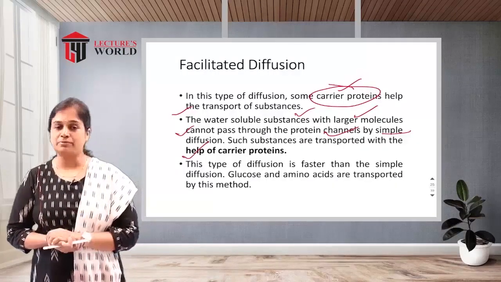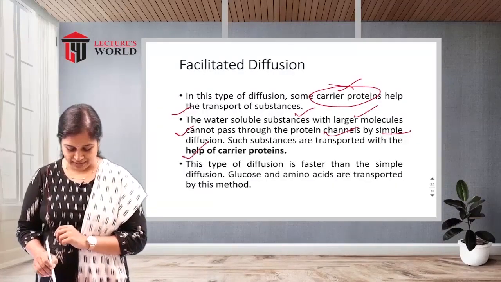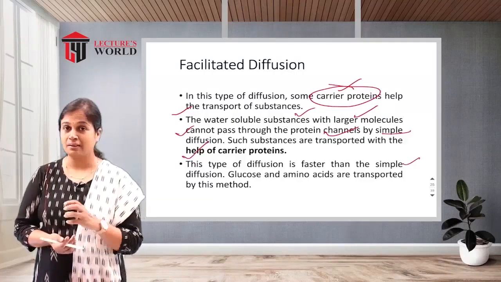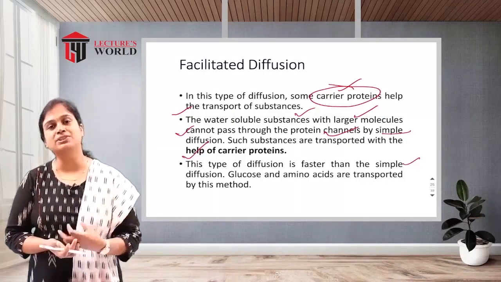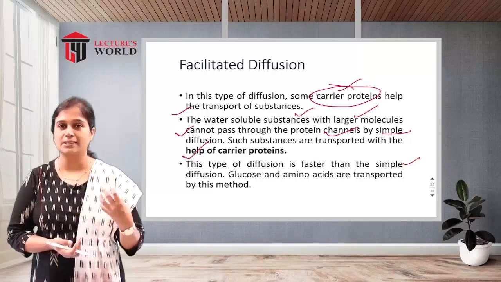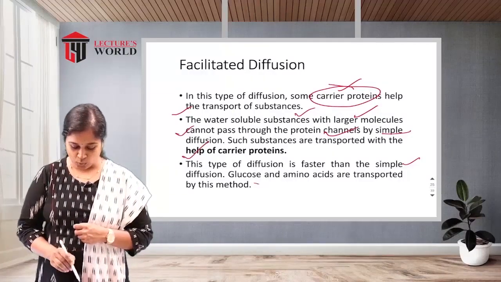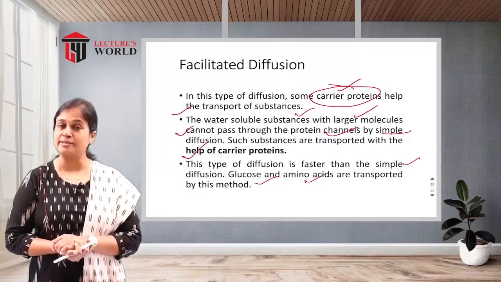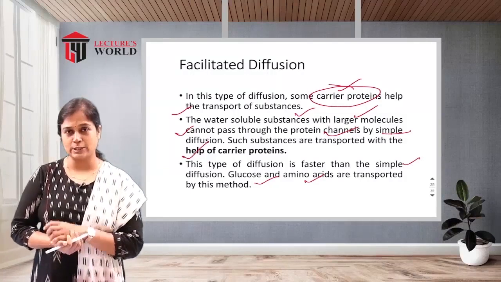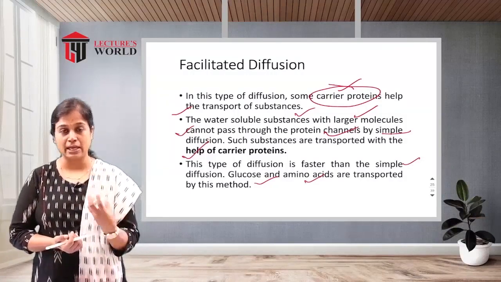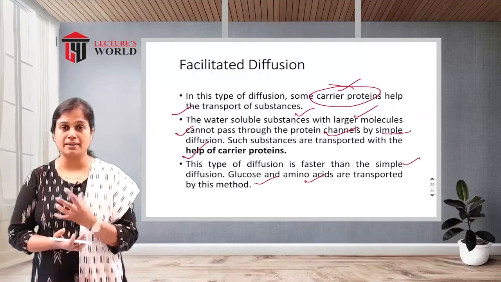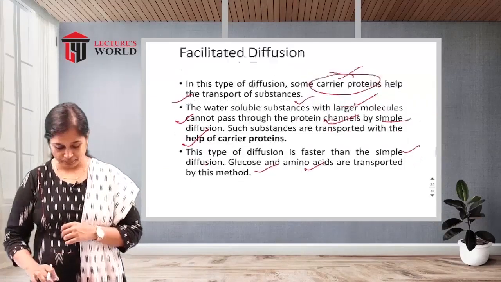This type of diffusion is faster than simple diffusion. Glucose and amino acids are transported by this method, as glucose and amino acid molecules are large enough that they need the carrier protein.